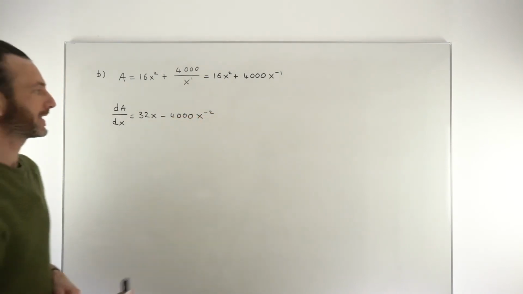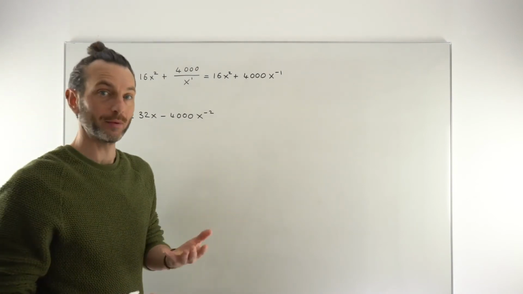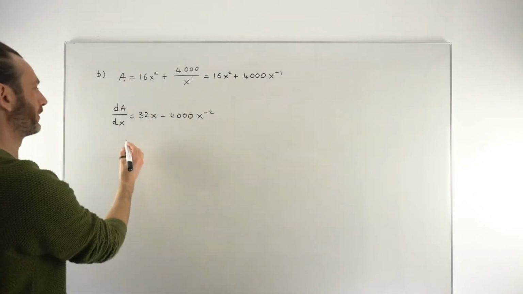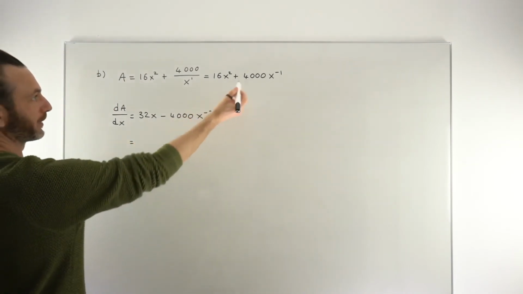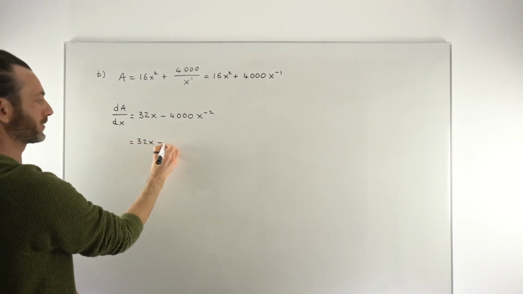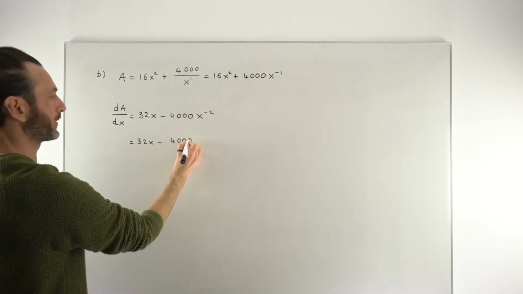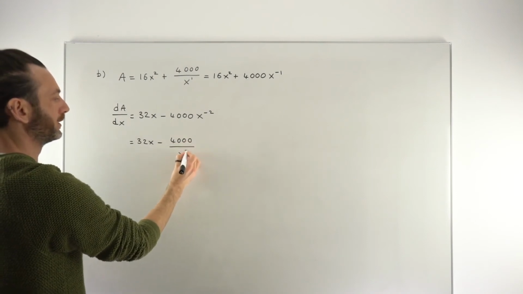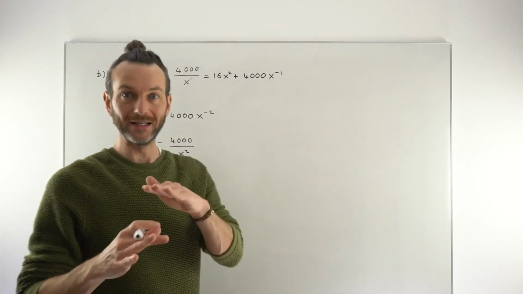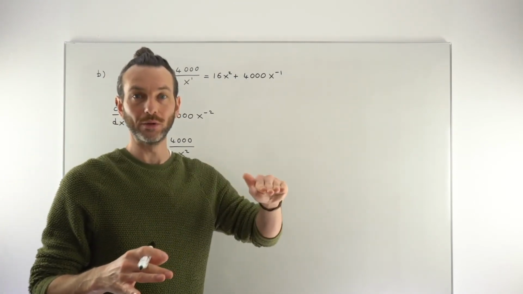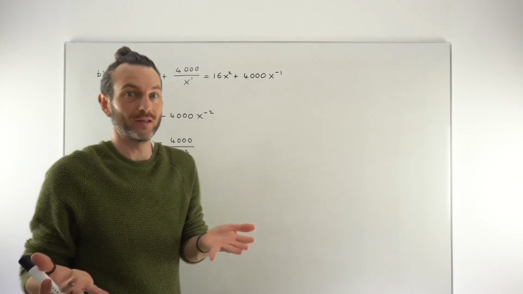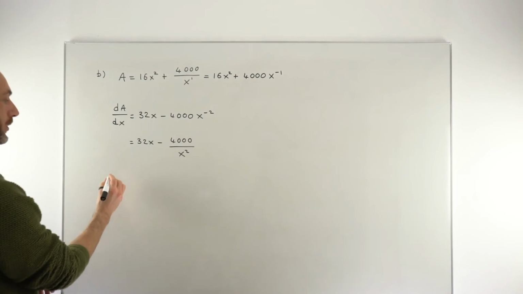So it's always good practice if you take a derivative, not only in this type of question, any question, if it comes out to be a negative power, put it back into the form of a positive power, which you can do just by the reverse of this rule here. So that stays as 32x minus 4,000 over x squared. So if this was a stationary point question, you would probably write in a line of explanation where you would say something like for stationary points, dy dx or f dash x equals 0. Kind of want to do something similar here.